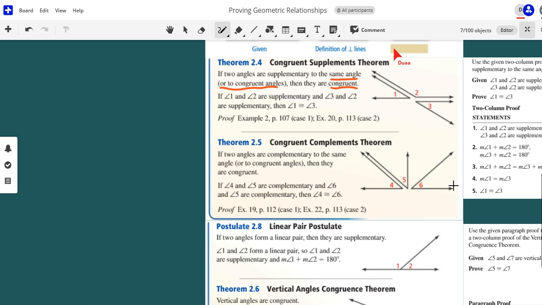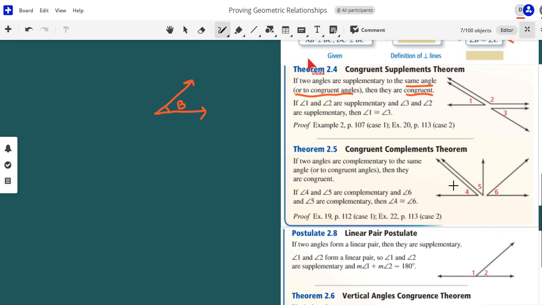For example, let's take this angle, which I named angle B. Now I have to take two angles which are supplementary to this angle B. That means I have to take another angle that would make it 180 degrees. This is angle C, and it is supplementary to angle B.